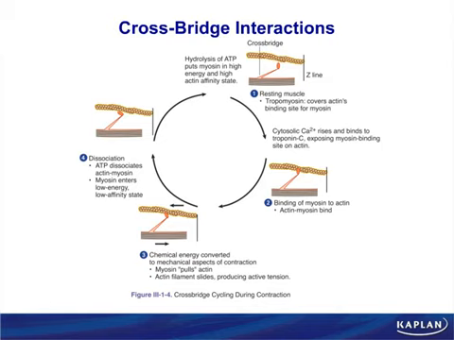It will dissociate actin and myosin, and it will put myosin into a low energy, low affinity state. So one of the roles of ATP, dissociate actin and myosin. The other role that we've already mentioned is it puts myosin in a high energy state, and that ATP provides the energy for the power stroke.